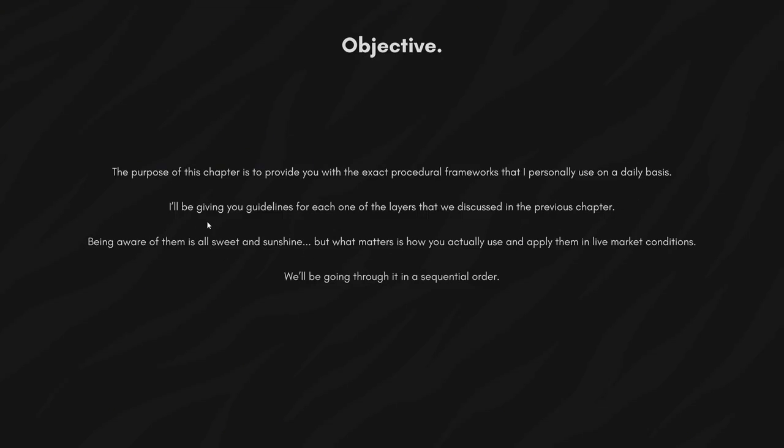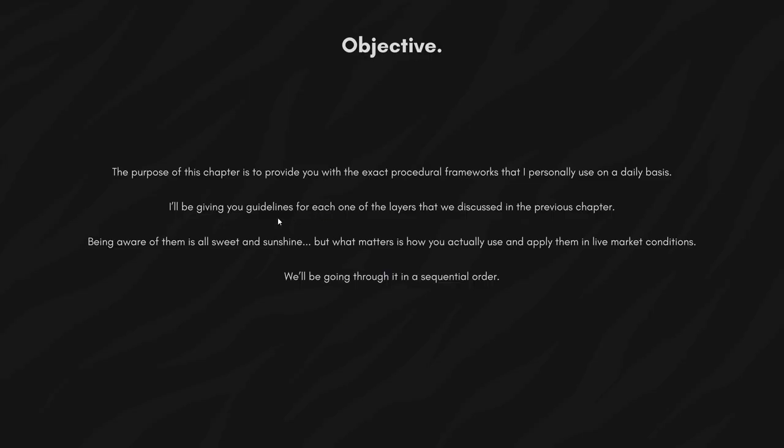Okay, I'll be giving you the exact guidelines and protocols for each one of the layers that we discussed. And this isn't going to be just some random, vague, step-by-step setup or protocols. Instead, this will be the actual stuff that I actually follow every single day.